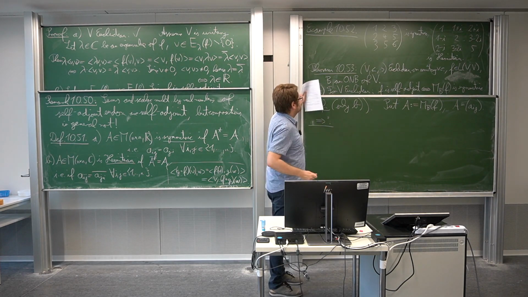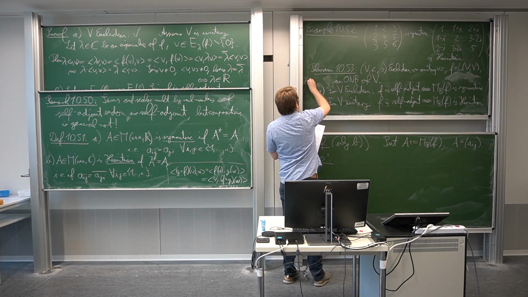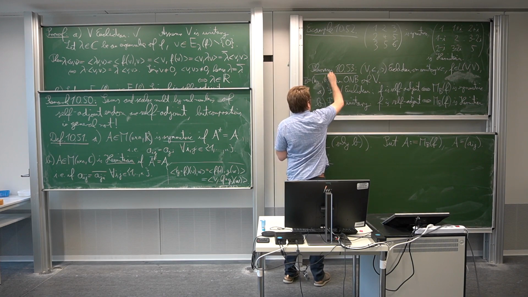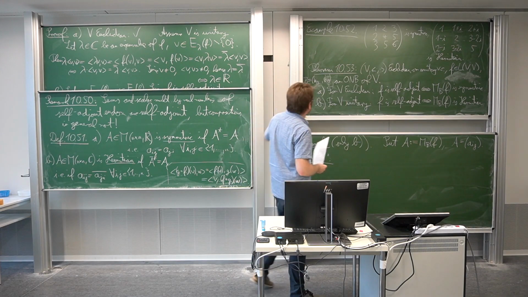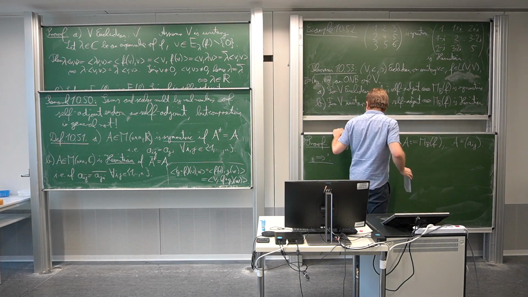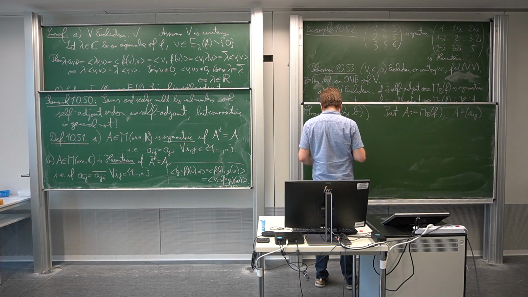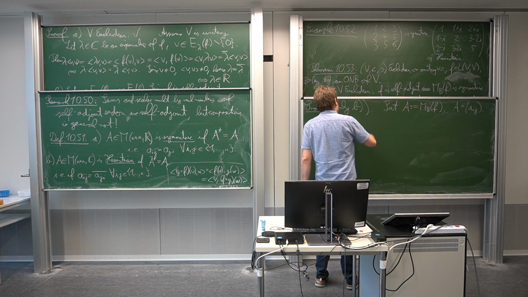If B is an orthonormal basis, let me also give names to the vectors. B is, as usual, b_1 to b_n, now equipped with an ordering since we're talking about this representation, which depends on the ordering. Let b_1 to b_n be an orthonormal basis of V. Now, we assume that F is self-adjoint.